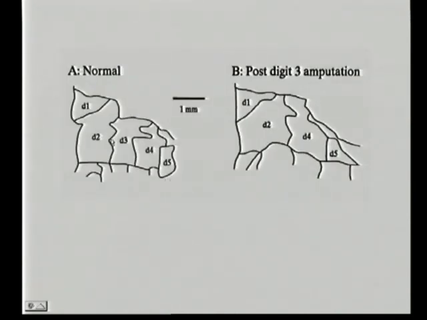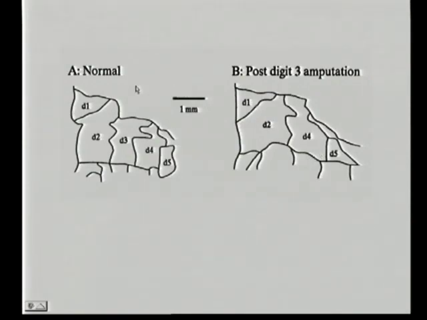And what he did was, you can see digit 1, 2, 3, 4, 5, went out there, and if they would do something to digit 3, if you cut off digit 3 and went back into cortex here and mapped, stuck a little electrode in here and stimulated a digit, they found out that where digit 3 used to be, digit 2 expanded into, and so did digit 4. So this was in an adult monkey.